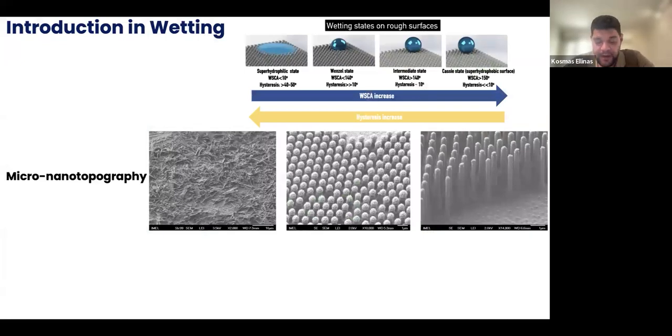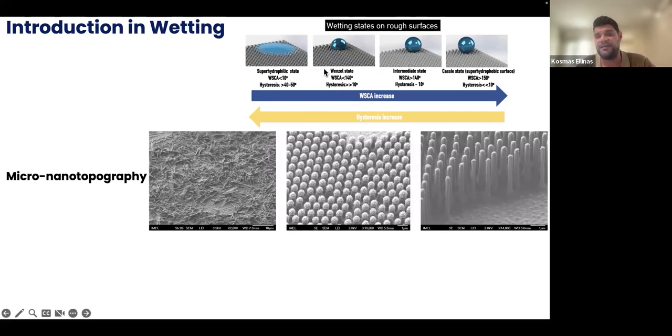So one important functionality from which several others can be extracted is the wetting control. Starting with the definition, we consider a surface as a superhydrophilic one when water can spread evenly on the surface topography. So you can see here I have a drop of water that is spread all over the surface.